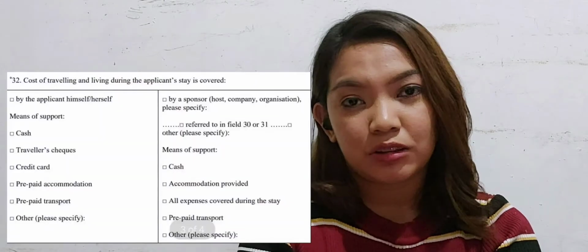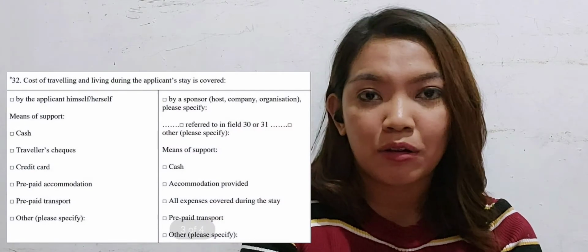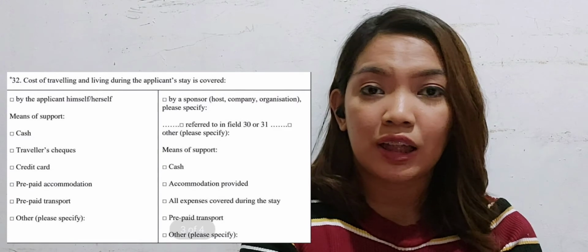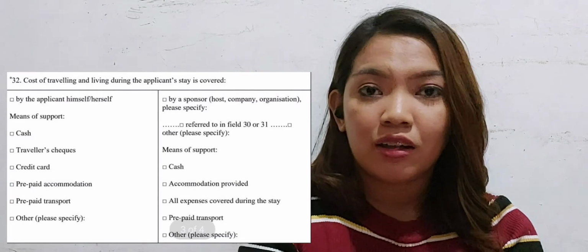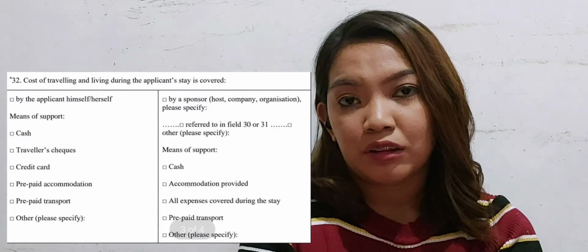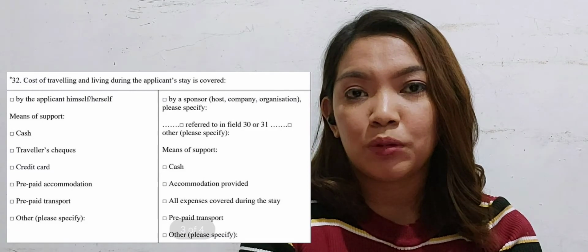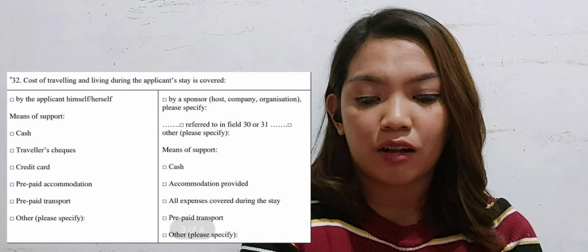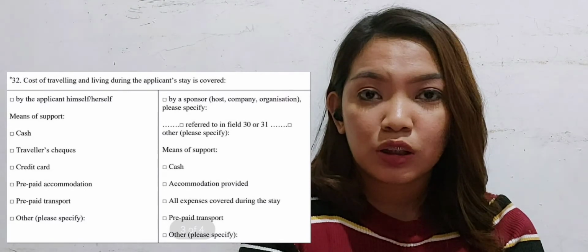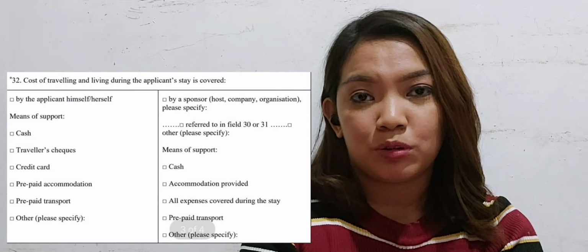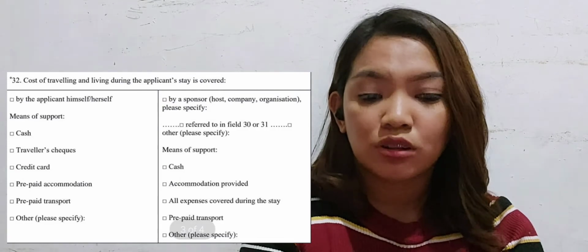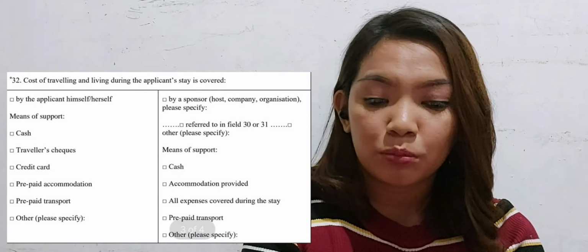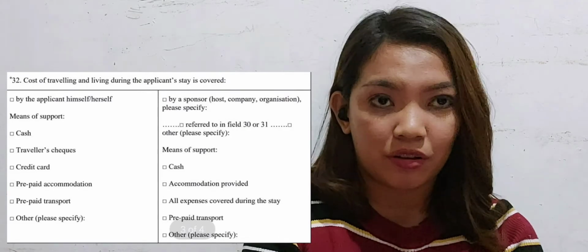Lastly, on number 32, it's asking how your expenses are going to be covered during your stay in the Schengen area. On the one on the left, if it's going to be purely by yourself, then you just click on the box and then choose how you're going to support yourself: cash, traveler's checks, credit card, prepaid accommodation, prepaid transport, or other.